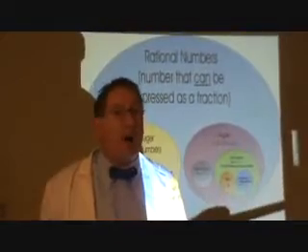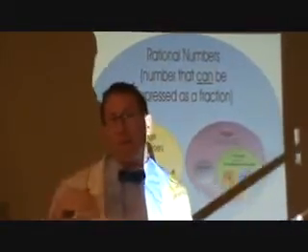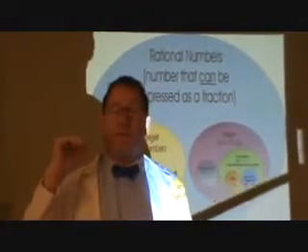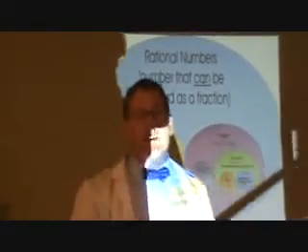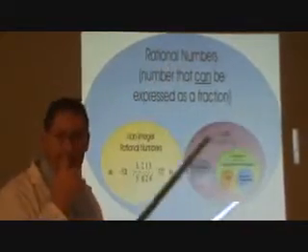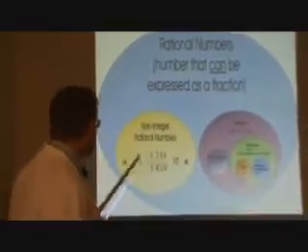But in science, it comes up all the time. All the time. The beaker is half full, or it's half empty, or it's 3/4, or it's 0.101, or it's 5/8 full. Fractions, they're very, very useful numbers. And they're included in this set of numbers, the rational numbers. Notice once again how this rational bubble surrounds all the other bubbles.